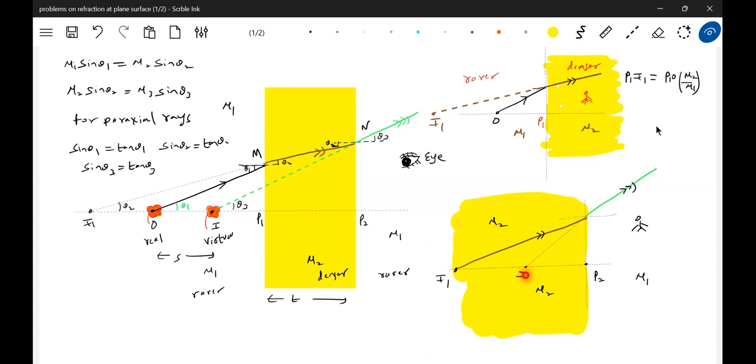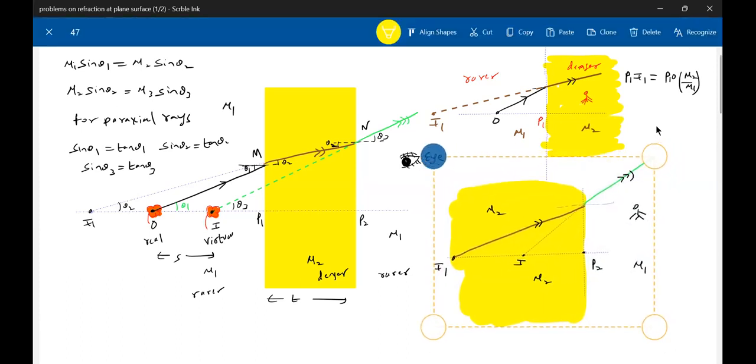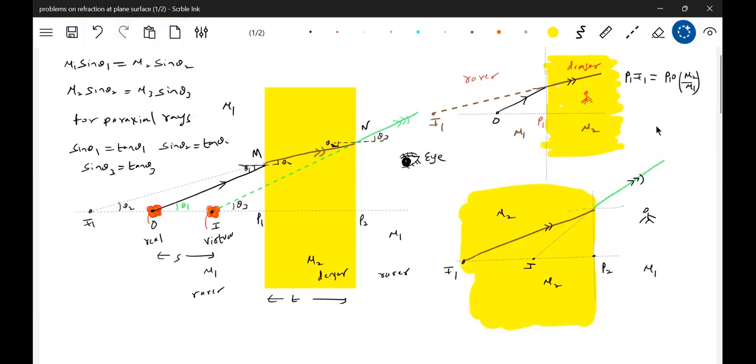It will appear at I. So, any formula for P2I? P2I1 mu1 by mu2. Yes, sir. P2I is equal to P2I1 mu1 by mu2.